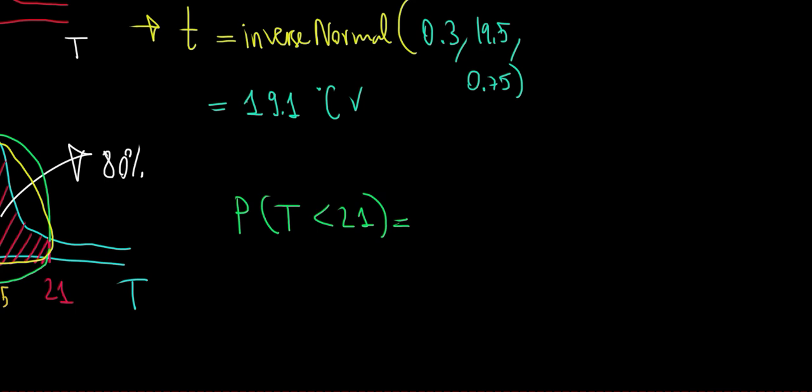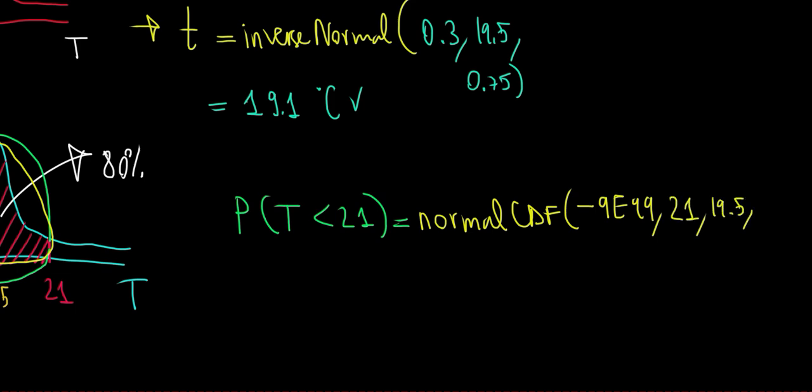So this probability of t being less than 21, that's going to be normal CDF, and I'm gonna put over there the lower bound, which is going to be negative infinity, the upper bound, which is going to be 21, the mean, which is 19.5, and the standard deviation, which is 0.75.